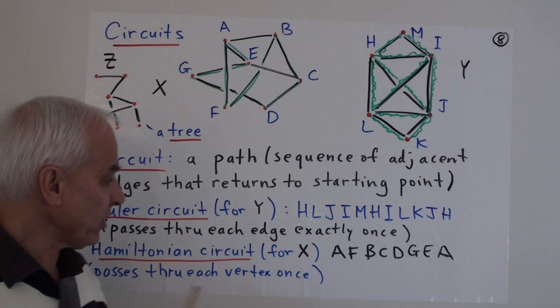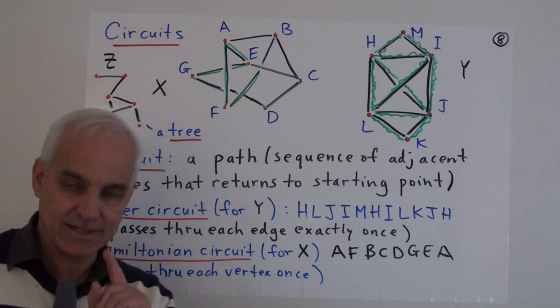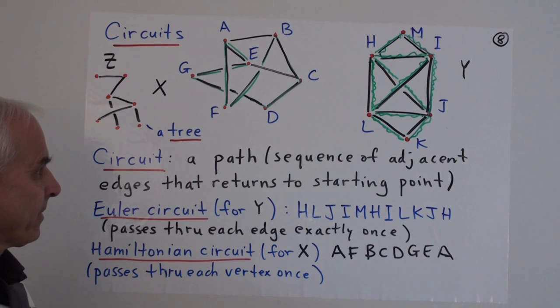The idea of a Hamiltonian circuit is very similar, except that we're interested in passing through each vertex exactly once. So this graph X has a Hamiltonian circuit.